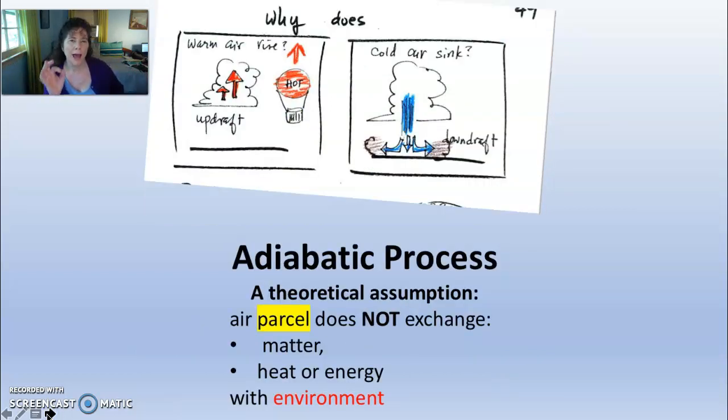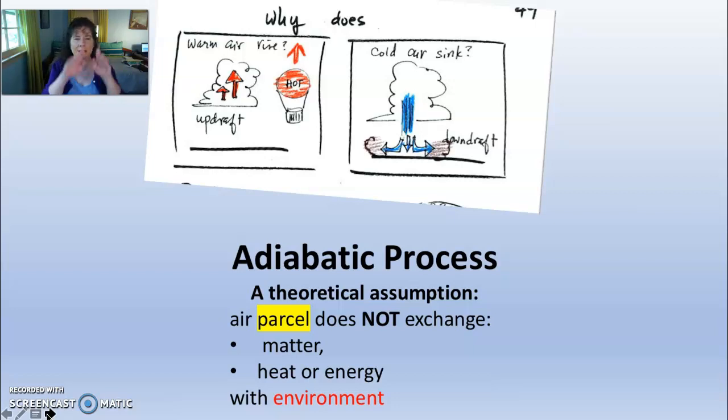When we talk about an adiabatic process for the parcel, it follows the rules that we've always talked about for the parcel: that the parcel is its own little balloon, an imaginary balloon in the sky. And by saying that it is an adiabatic process, we make the assumptions about the process a little bit more strict.